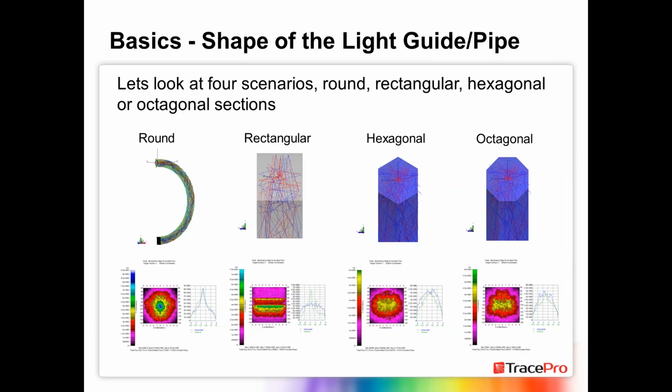You can see that in the round, we had a nice output, but it had a peak in the center. If we wanted to have a better uniformity, the hexagonal shape was a much better answer in this particular design. So yes, having multiple sides is a much better answer. And for instance, if you have a round light pipe and you want to have a square output, that's why the round square example I showed is very valuable, because that's going to allow you to do that.